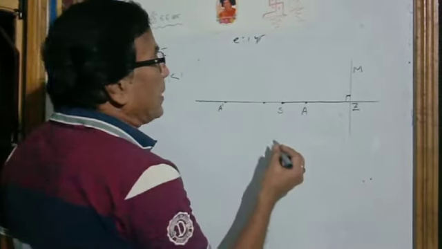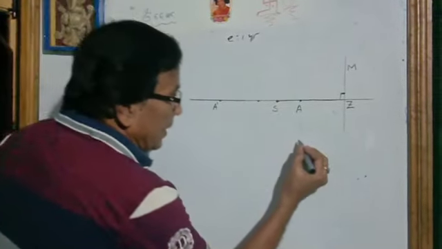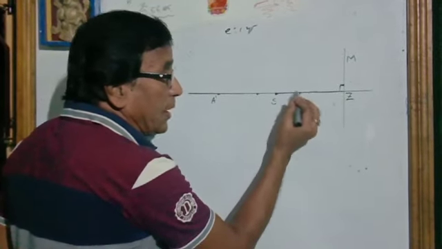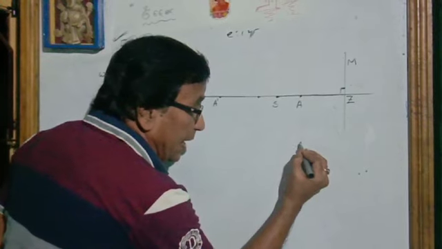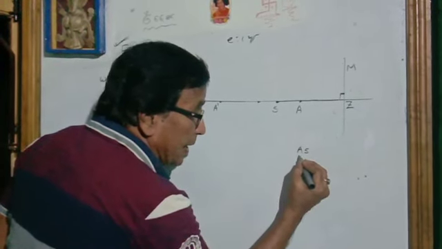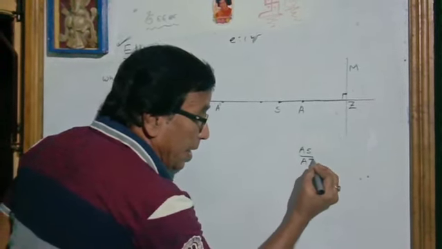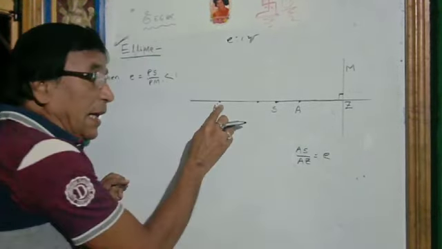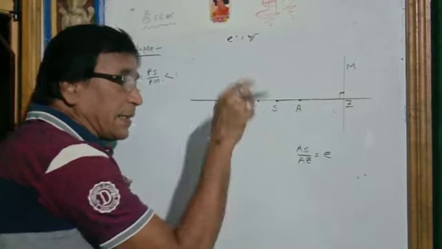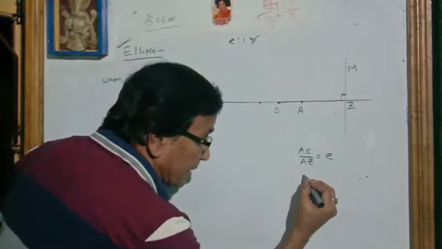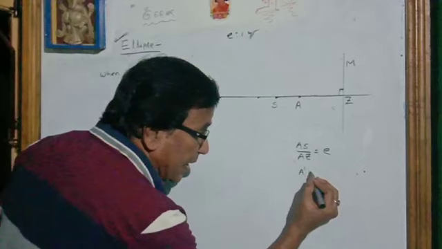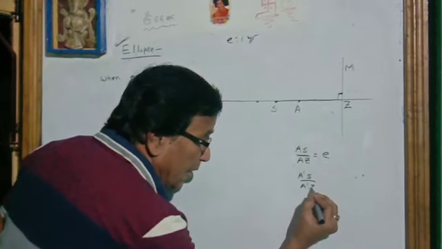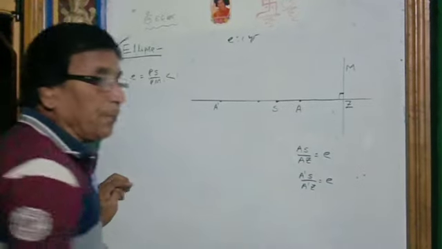So here you see that since A divides SZ internally in the ratio e is to 1, we can say that AS divided by AZ is equal to e. And again A dash is dividing SZ in the same ratio externally. That means again we can say that A dash S divided by A dash Z is also equal to e.